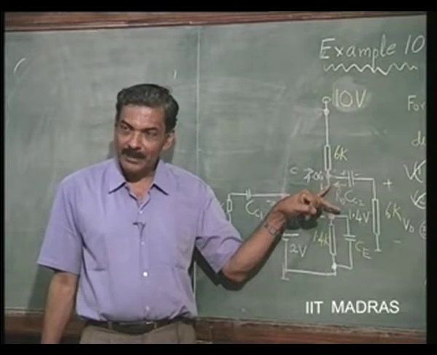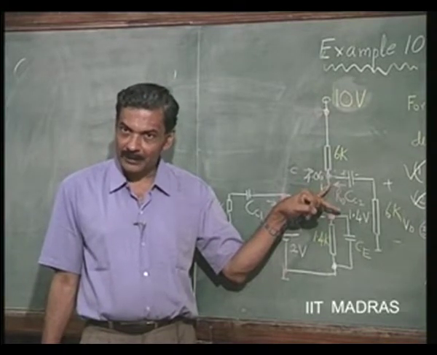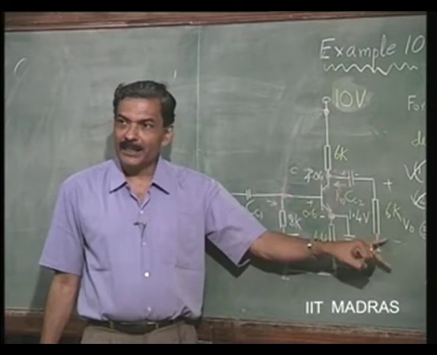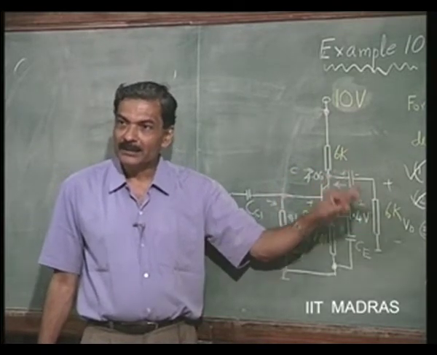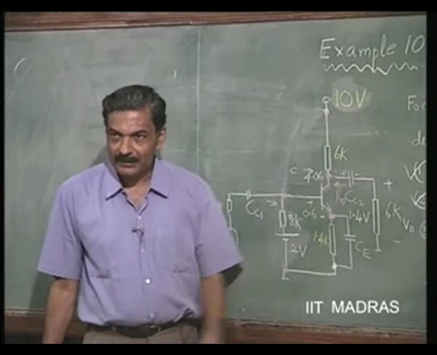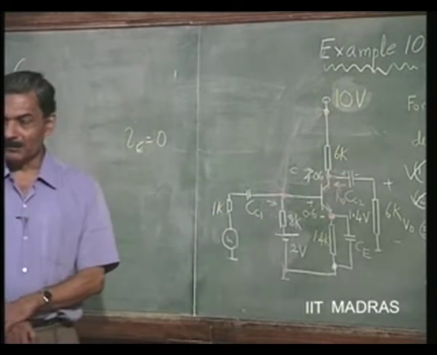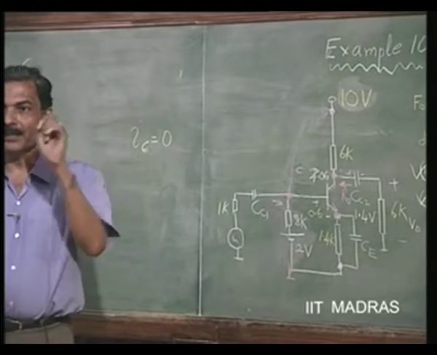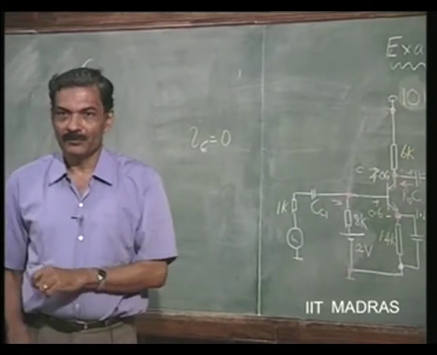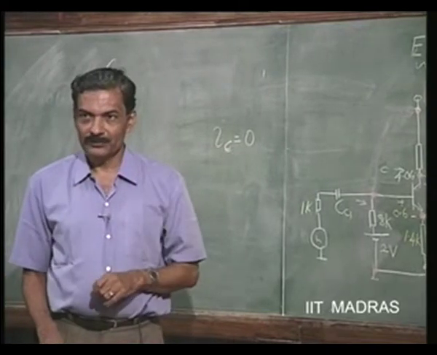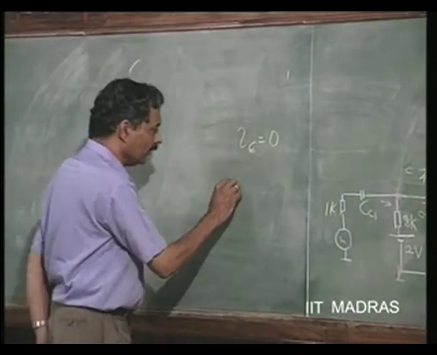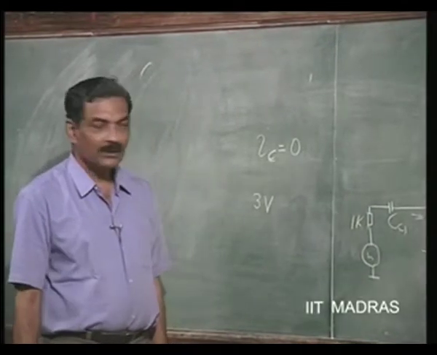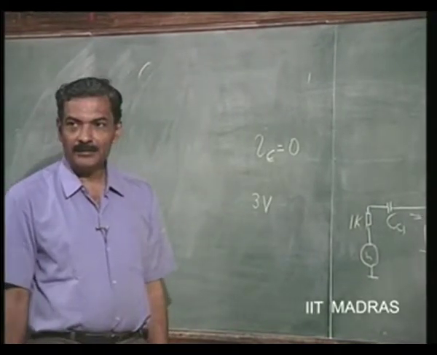If it is 1 milliampere swing peak, that is flowing into a resistance combination of 6K into 6K parallel 6K, which is 3K. So the voltage swing possible before it goes to cutoff is 1 milliampere into 3K, which is 3 volts. So before it goes to cutoff, it can go to a swing of 3 volts. Is this clear?